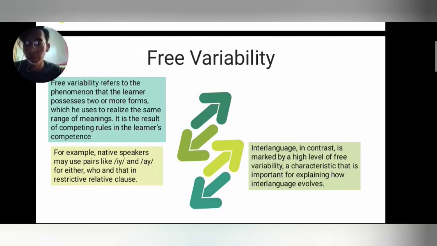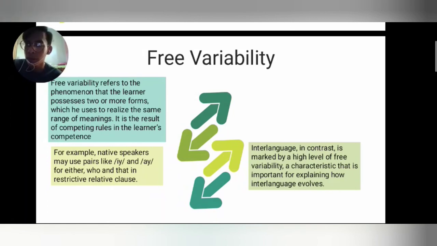It is free variability. Free variability refers to the phenomenon that the learner possesses two or more forms which he uses to realize the same range of meanings. It is the result of competing rules in the learner's competence.